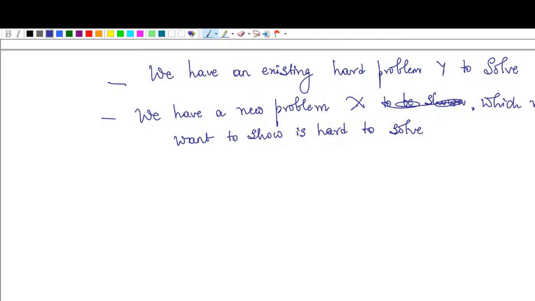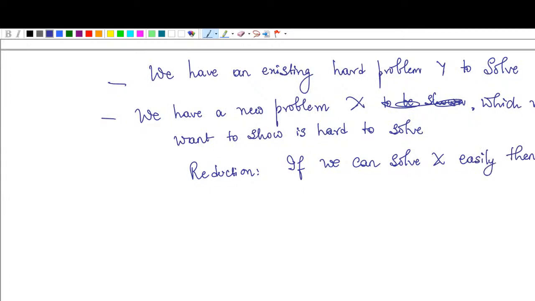The way we do it through reductions in complexity theory is by showing that if we can solve X easily, then we can solve Y easily as well.